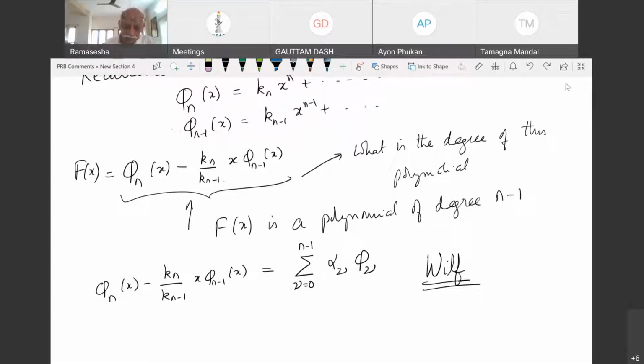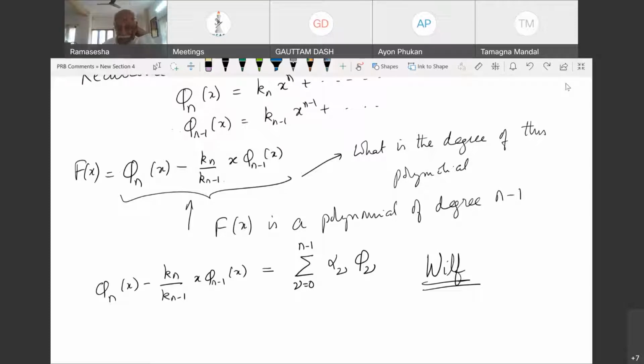Because as you can see, when I divide p_{n-1} by k_{n-1}, what I get is x to the power n minus 1 as the leading term. Multiply by x k_n, then the leading term will be k_n x to the power n. So when I subtract it, the leading power, which is x to the power n, vanishes. And so f(x) is a polynomial of degree n minus 1.